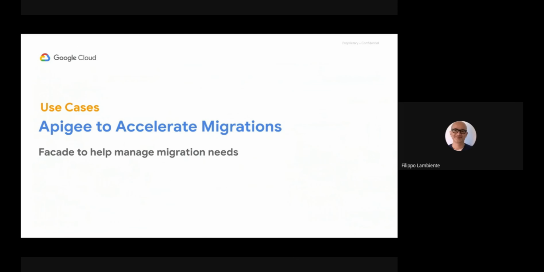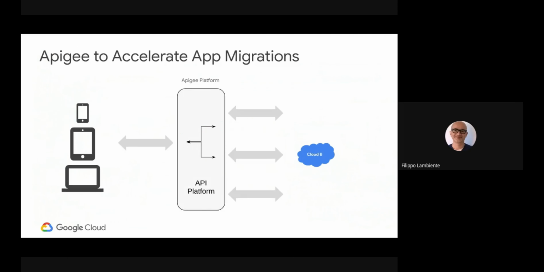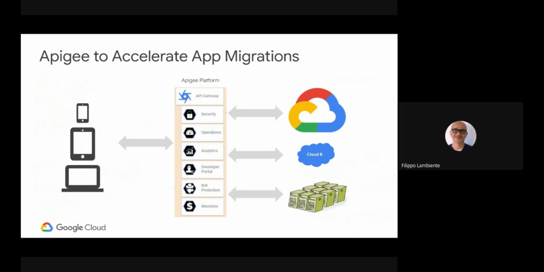So the other use case that we see is also to accelerate the migration project. For example, a customer that has, let's say, a service product on-premise or with another cloud provider, and is starting the journey to cloud.